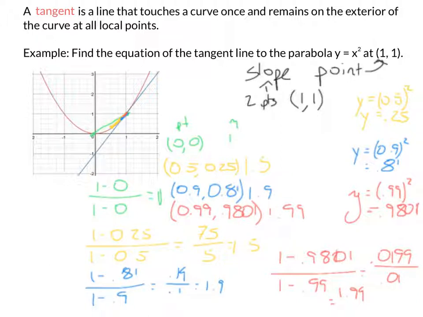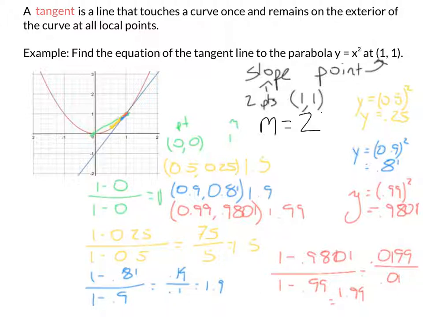And so we can see as we proceed to get closer and closer and closer to the actual point 1, comma 1, as we get closer to the actual tangent line, our slope is getting closer and closer to a value of 2. So we can go ahead and say that our slope should actually be 2.